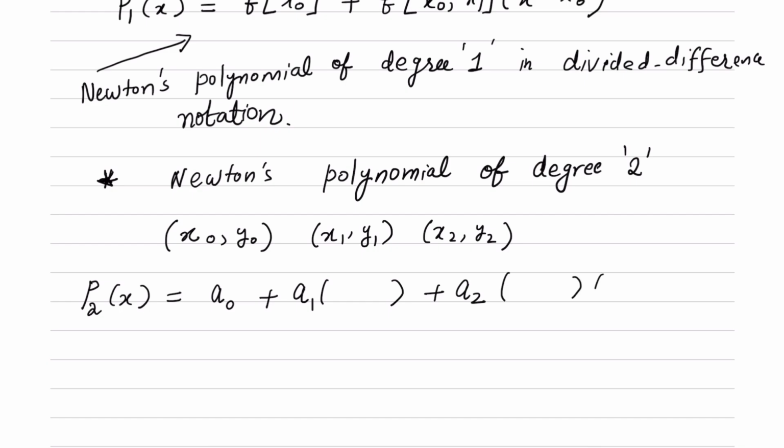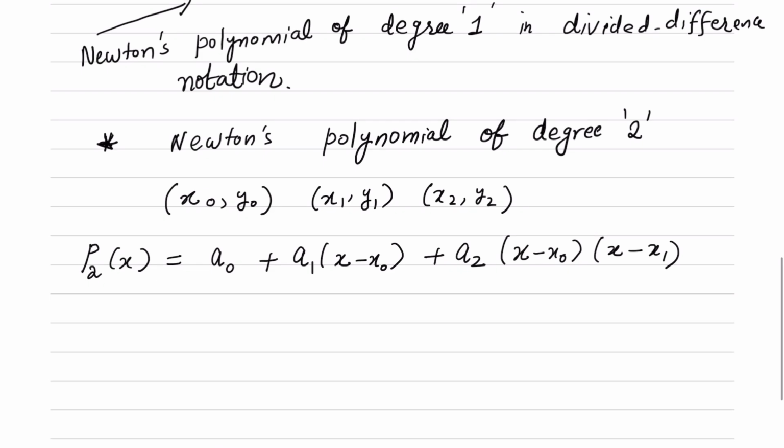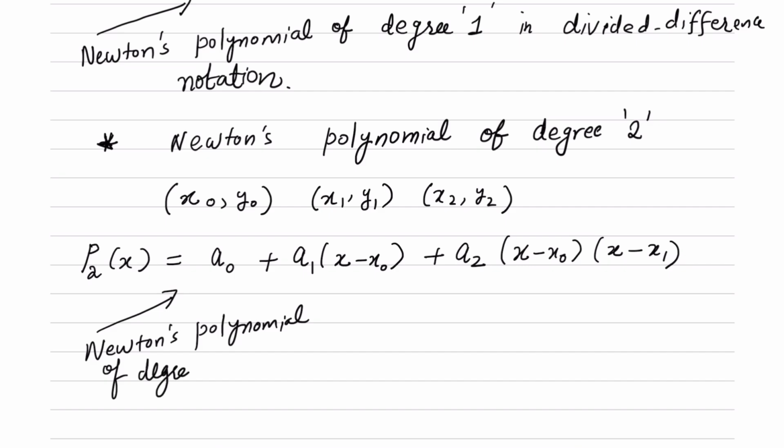With a2 we have 2 linear factors. Now one linear factor along with a1 is x minus x0. Along with a2, one linear factor is the same one as was used previously, x minus x0, and next is x minus x1. So this is just the Newton's polynomial of degree 2.